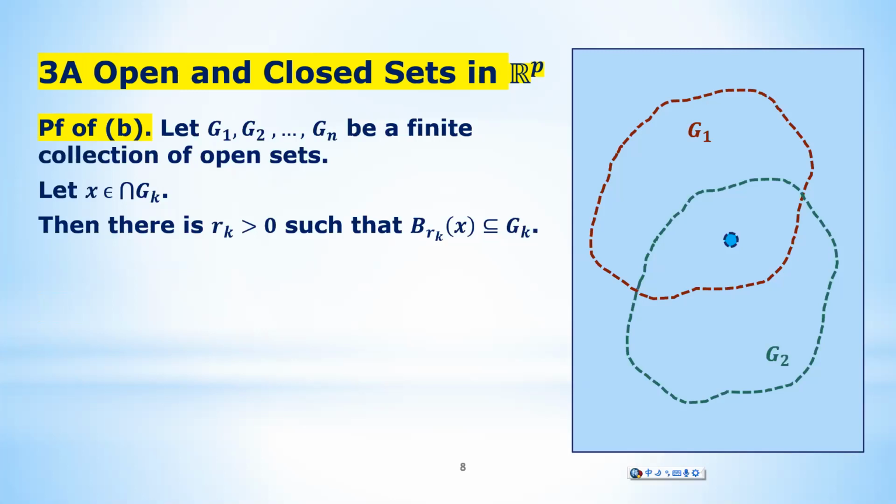So there is an r_k such that B(r_k, x) is contained in G_k. For each G, you can have a small ball surrounding x contained in the corresponding G. So you have n sets and n balls. But in the picture, we are only dealing with two open sets, so we have reduced to n equals 2.